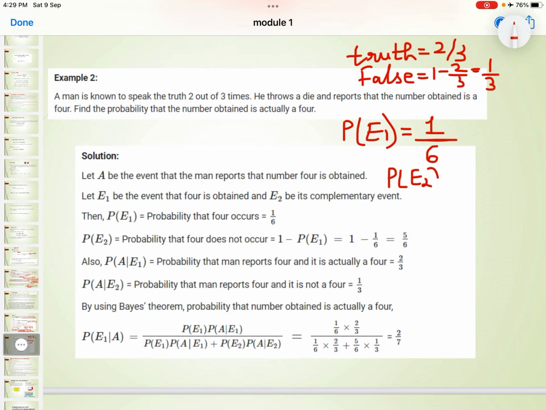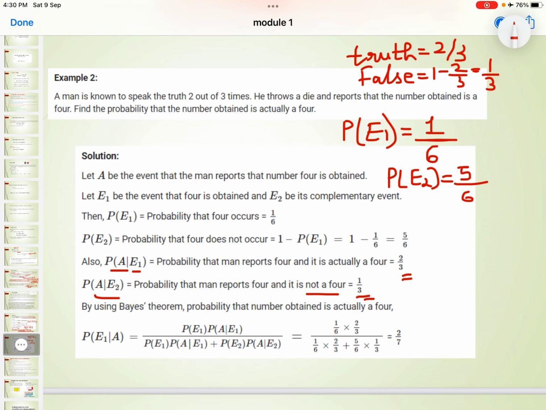Probability of E2, 5 outcomes will be such that 4 has not occurred out of the total 6 outcomes. Probability of A given E1, that means the man is speaking the truth and a 4 has occurred, that is 2 by 3. And probability of A given E2, the man is speaking false, it is not a 4, is 1 by 3.